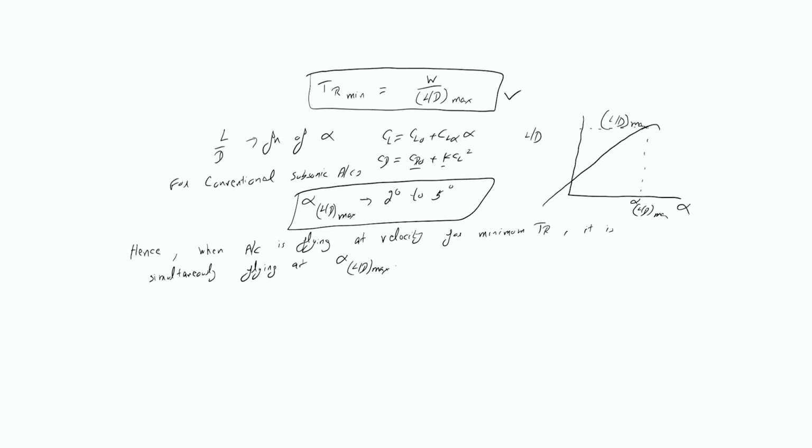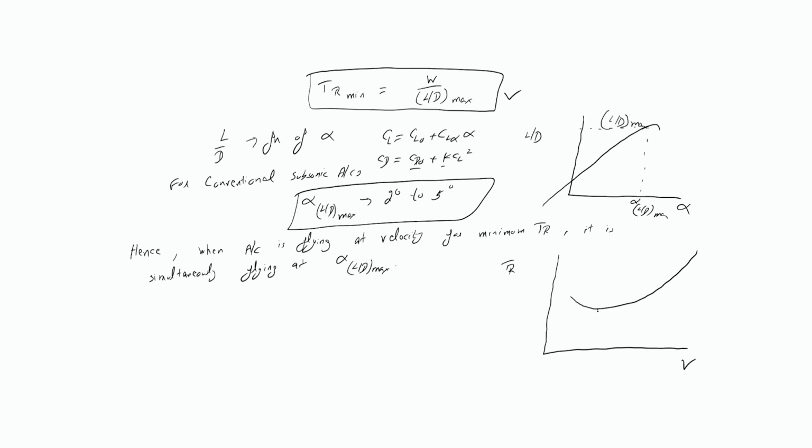Now let me draw a curve of thrust required with velocity. We'll be working on this curve again and again. Let me give you a brief idea of how this curve looks. Thrust required with velocity: the plot looks something like this. Now, where is the minimum thrust required?